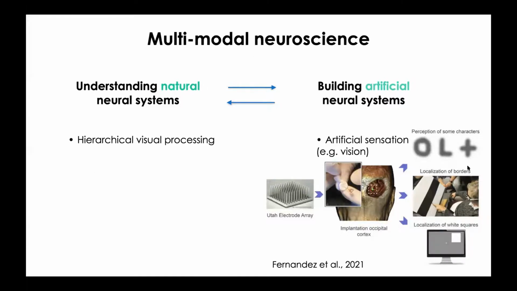One example demonstrated in this paper is that you can elicit perception of distinct characters looking like an O, an L, and a cross by using different patterns of multi-channel stimulation across this electrode array. This woman also could learn to localize borders between dark and white. That's a big function in the visual cortex and one of the very early steps in object identification. And she could also localize, for example, the position of white squares.